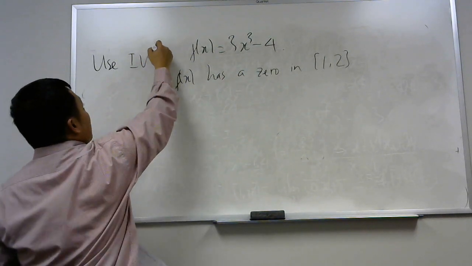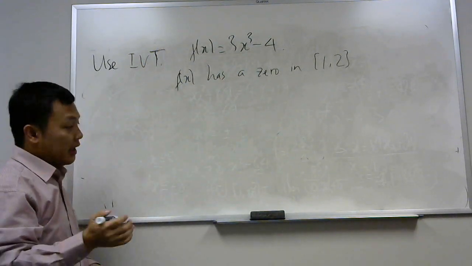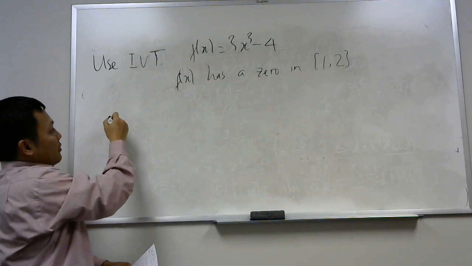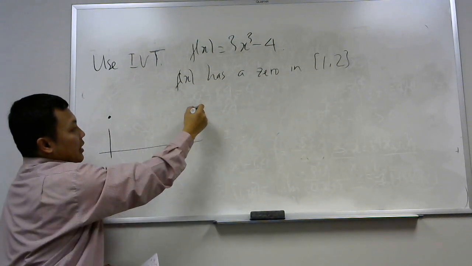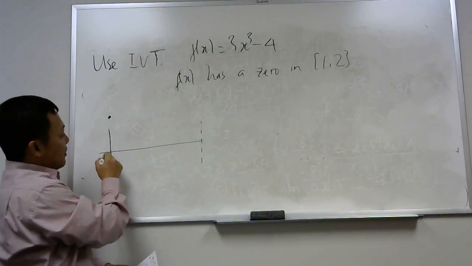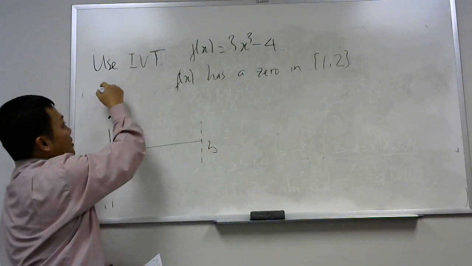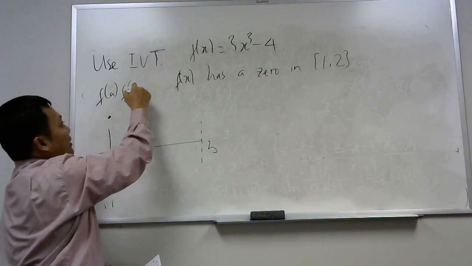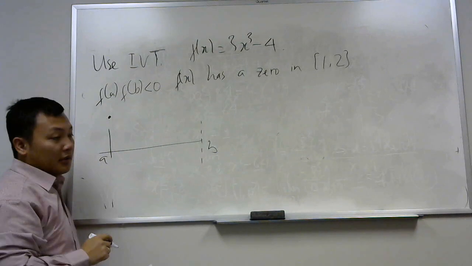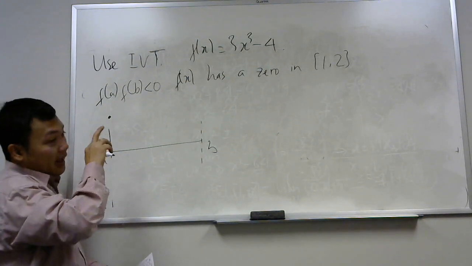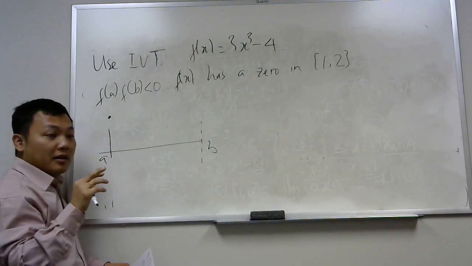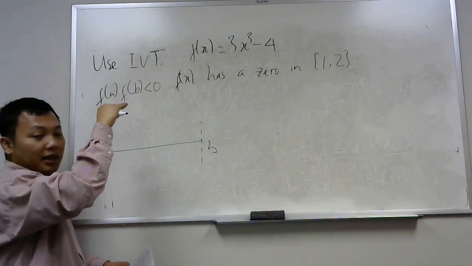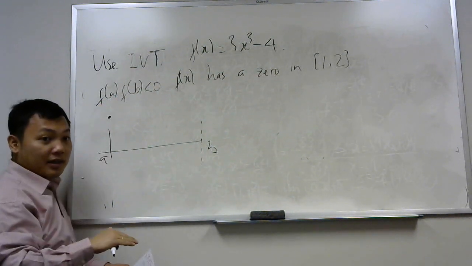The IVT theorem says if you have a continuous function and you consider that function on some interval a and b, and suppose that the product of f of a and f of b is negative, that means f of a and f of b have different signs. One point is above the x-axis and one point is under the x-axis.